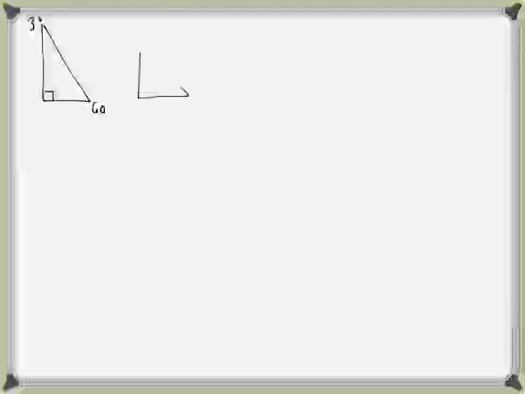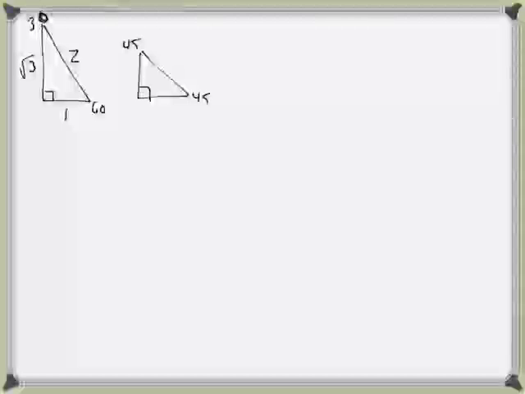The last type of problem from the Chapter 8 test that we want to look at are special right triangles, which are the 30, 60, 90 triangle and the 45, 45, 90 triangle. In the 30, 60, 90 triangle, the pattern is 1 for the short side across from the 30, hypotenuse of 2, square root of 3 for the longer leg across from the 60.